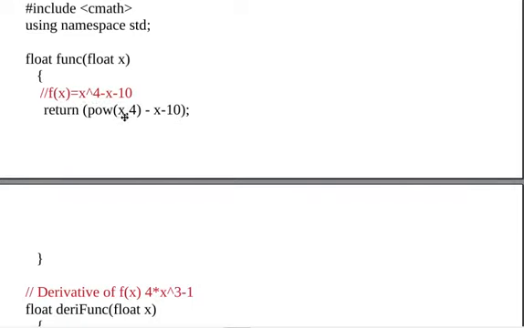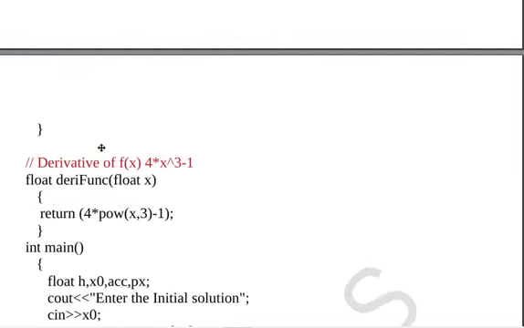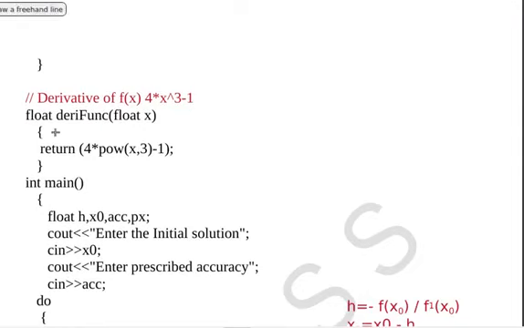It will return the value of this equation for each x value. If I take f of 2, x will be replaced with 2, and it will evaluate and return the result. And for finding f dash of x, I have defined another function, the derivative function, deri func.